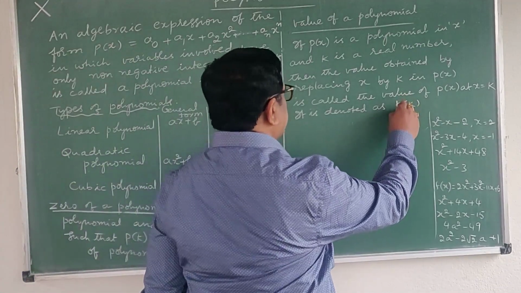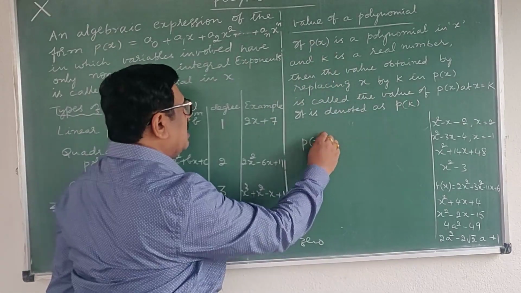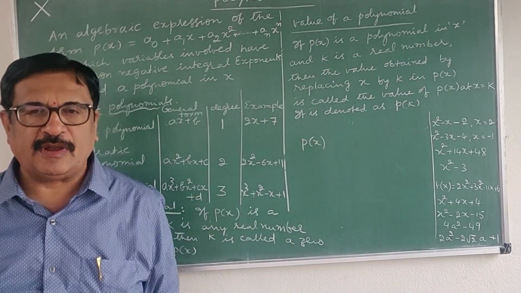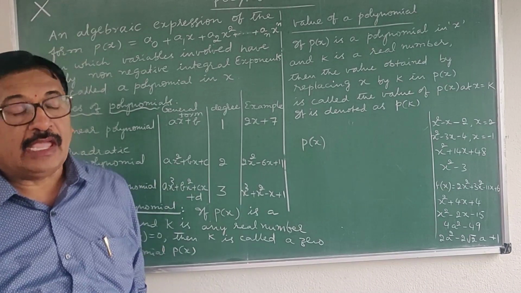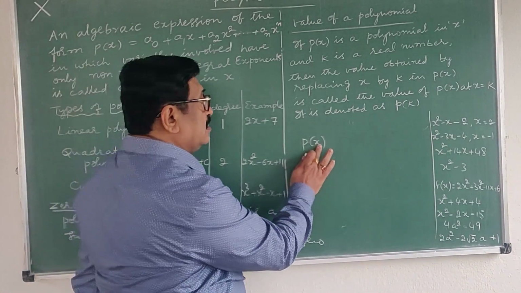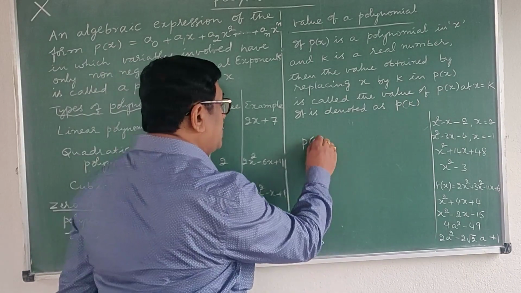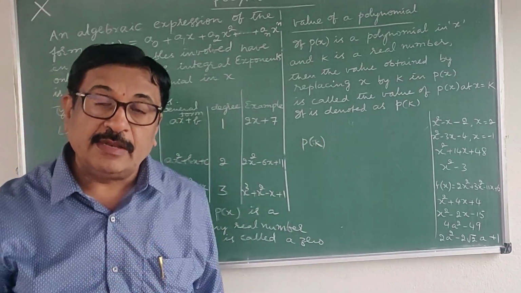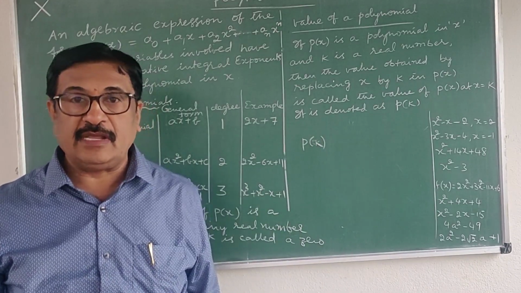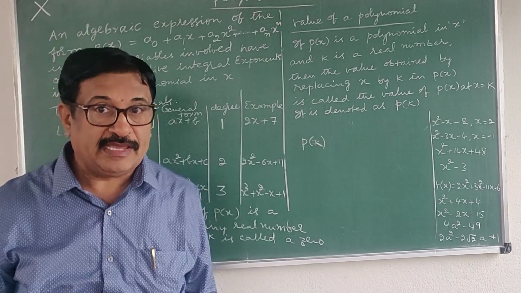In simple terms, p of x is a polynomial. Suppose k is a real number, and the variable x in the polynomial is replaced by k, that means in the given polynomial expression, wherever there is the variable x, it is replaced by k.